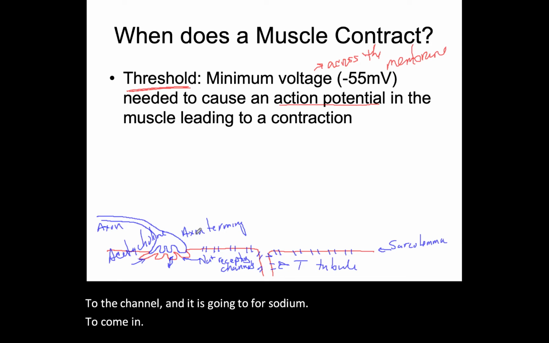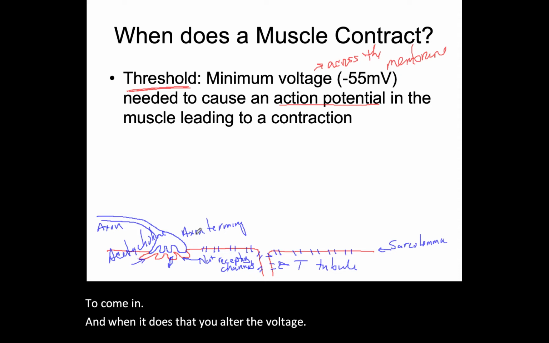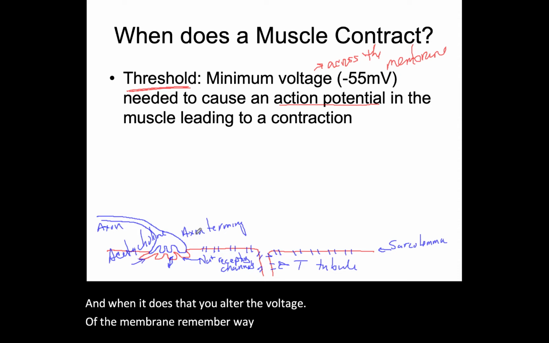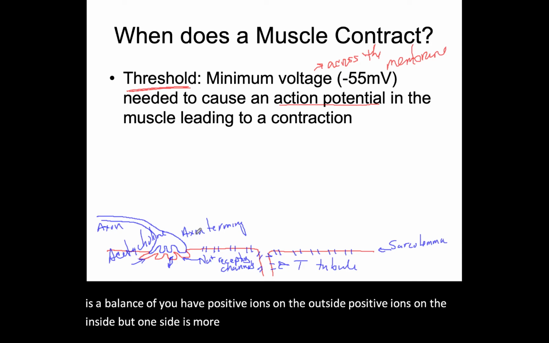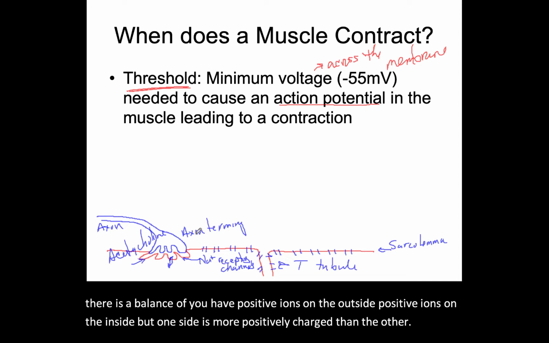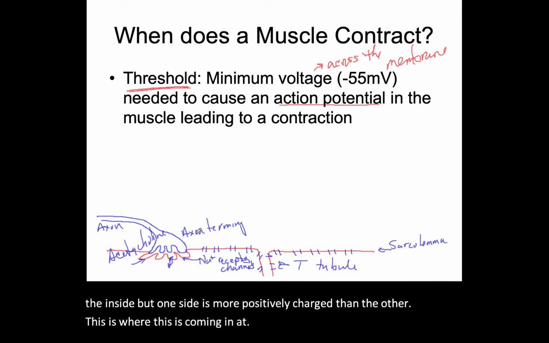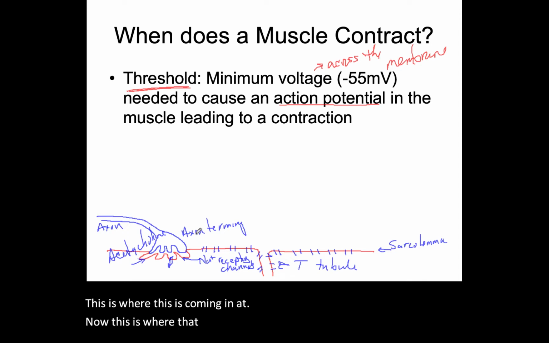And when it does that, you alter the voltage of the membrane. Remember way back a couple videos ago, I said that you have positive ions on the outside, positive ions on the inside, but one side is more positively charged than the other. This is where that difference in electrical charge is having an impact.